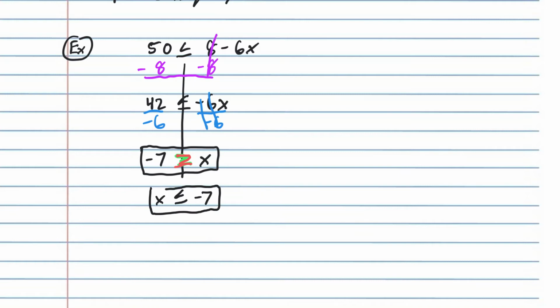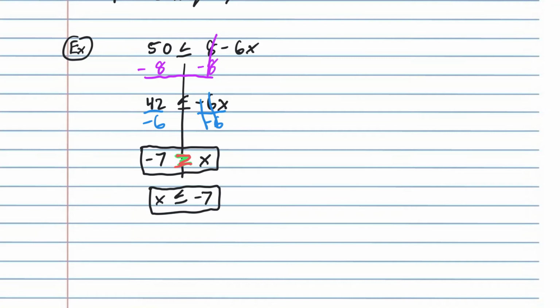The reason this might be worth it is that if you're asked to graph, you can easily graph this. It has the equal to bar, so it'd be a closed dot, and your arrow would be going to the left. That's the only new thing for this section. If you divide or multiply by a negative number, the symbol flips around. Other than that, it's stuff we've been doing, so you just have to be a little extra careful with the symbol.